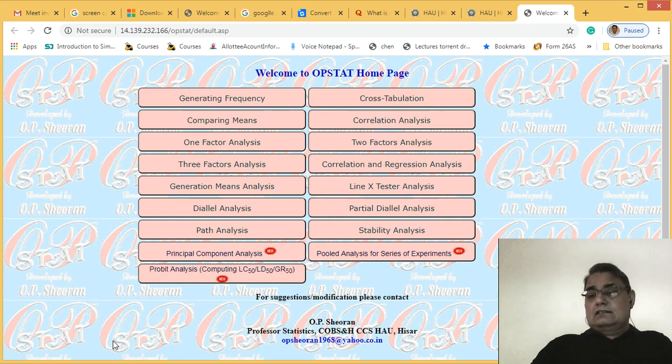Then correlation analysis. Correlation is a statistical technique by which we can find out the relationship between two variables. The relationship may be positive, it may be negative, or there may not be any relationship. If you have two variables and both go in the same direction, meaning if one is increasing, the other is also increasing, then there is a positive correlation.